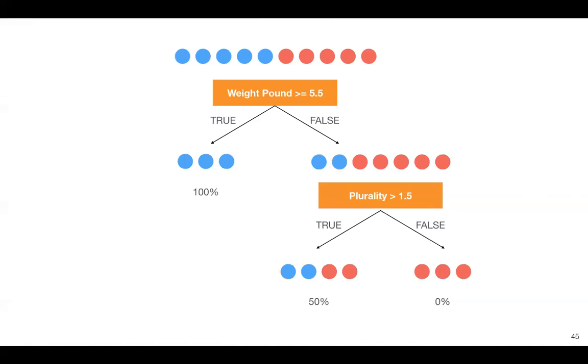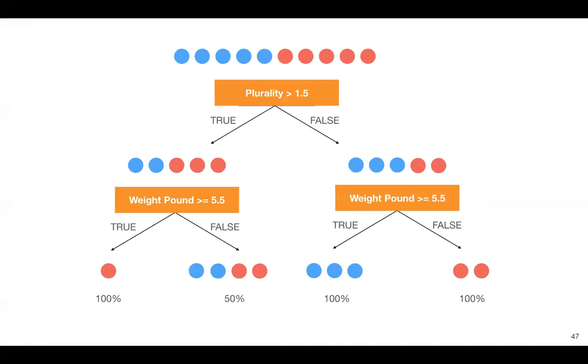So let's say first you ask whether weight pound is greater than 5.5. And the next question could be greater than 7 or less than 7, or greater than 3.0 or less than 3.0. So in some cases you see a similar question again and again, just that where you cut that numerical value can be different.